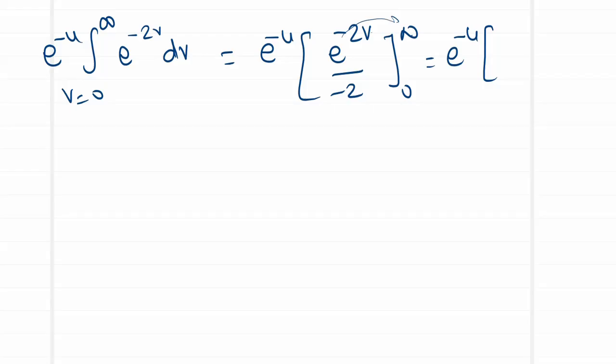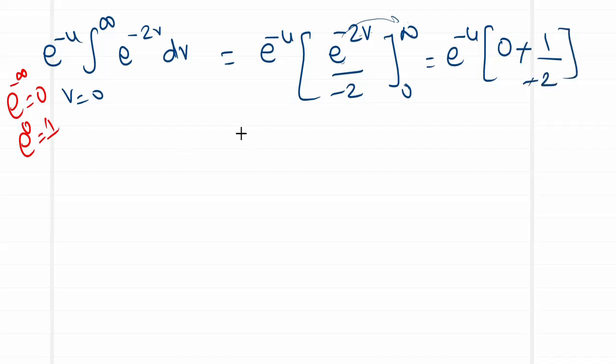We know that e power minus infinity is 0, and e power 0 is 1. So the quantity becomes 0 minus the lower limit 0, e power 0 makes it 1 divided by minus 2. Minus minus cancels off. So I have e power minus u divided by 2 for u greater than or equal to 0.